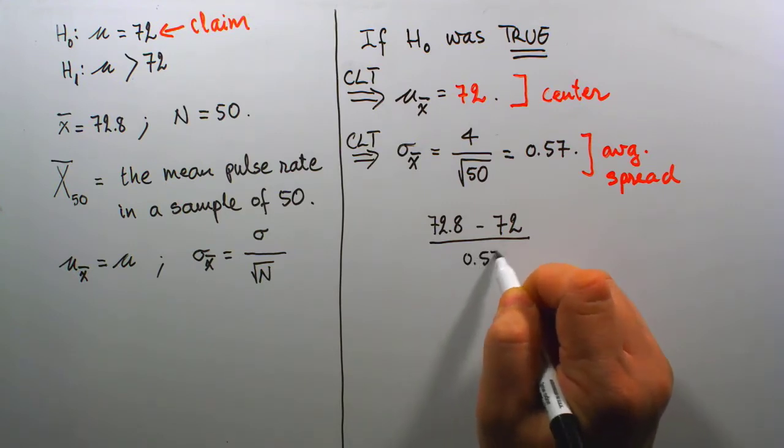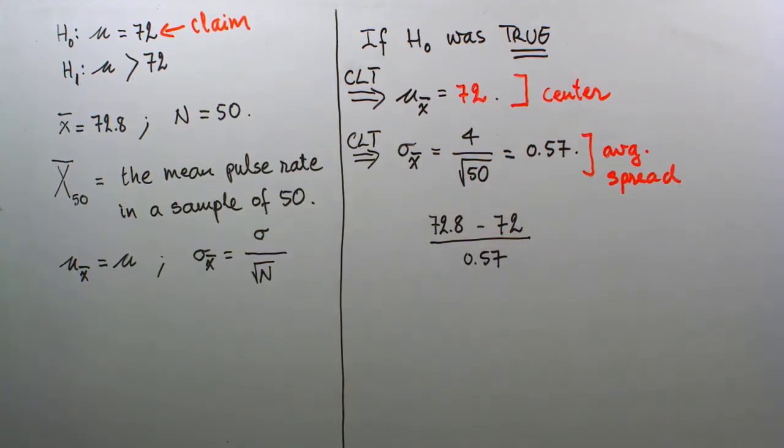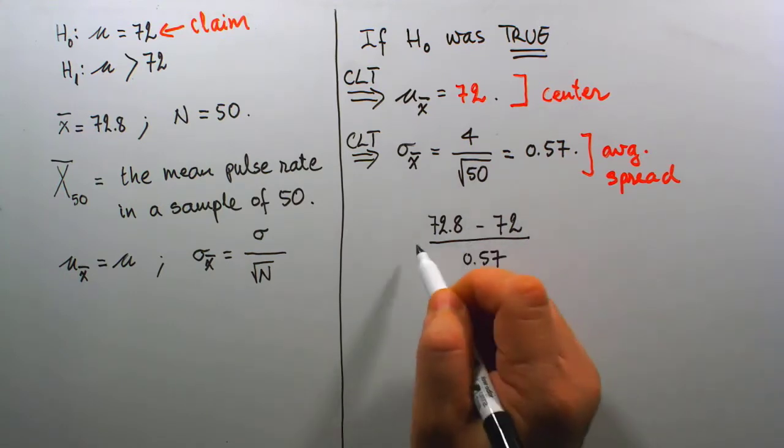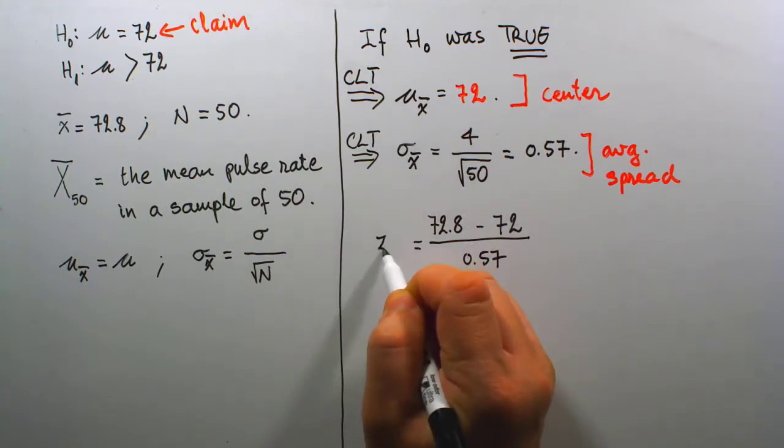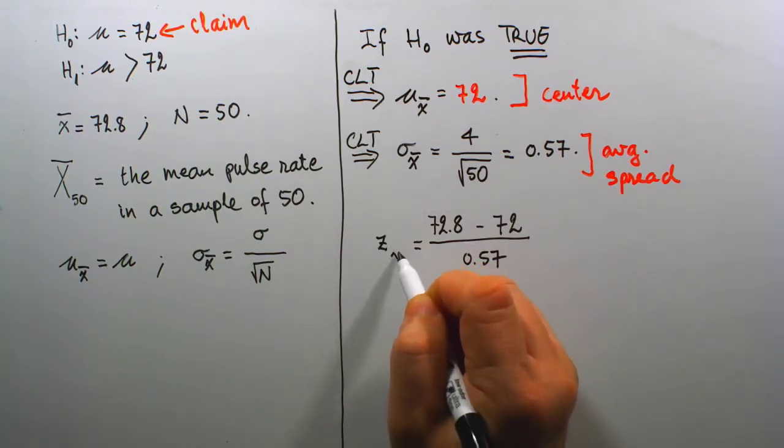So 0.57 is going into the denominator. This work is now giving us the z-score of our sample mean.